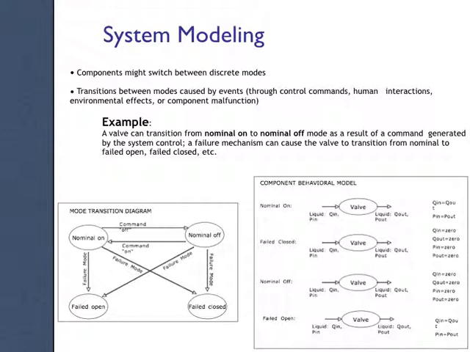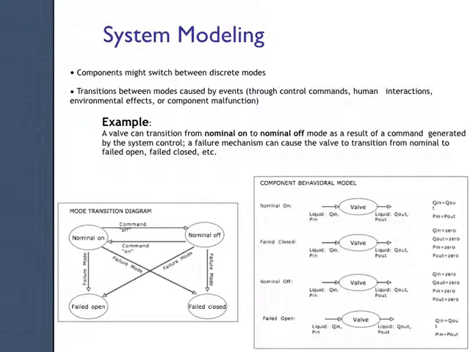For a failed closed situation, the flow in is going to be 0, the flow out will be 0, the pressure in and the pressure out are also 0. Right? And then in a nominal off, it's the same scenario. The flow in and out and the pressure in and out are also 0.